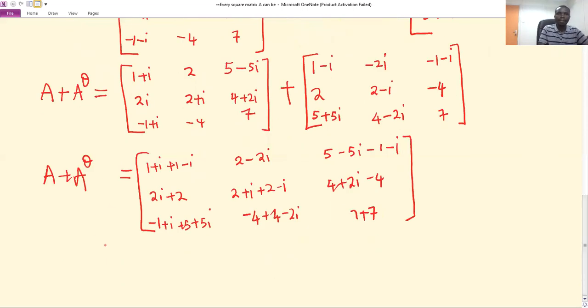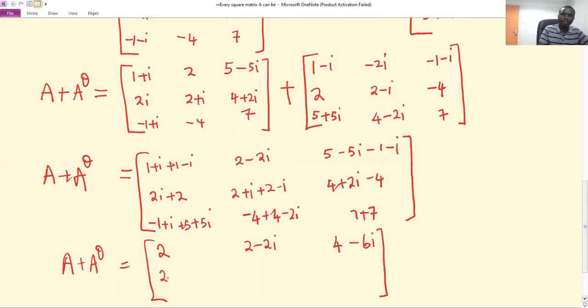Now that sum will be: 1 plus 1 is 2, i minus i is 0. So this will be 2. And then 2 minus 2i. 5 minus 1 is 4. Minus 5i minus i is minus 6i.